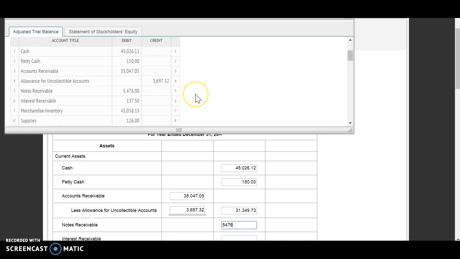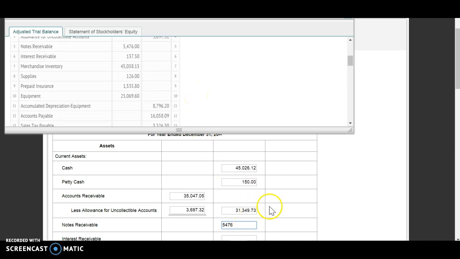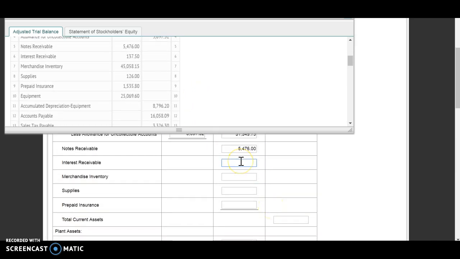Notes receivable, $5,476. Interest receivable, $137.50. Merchandise inventory, $45,058.15. Supplies, $126. Prepaid insurance, $1,535.80. And then we need to figure out our total current assets.